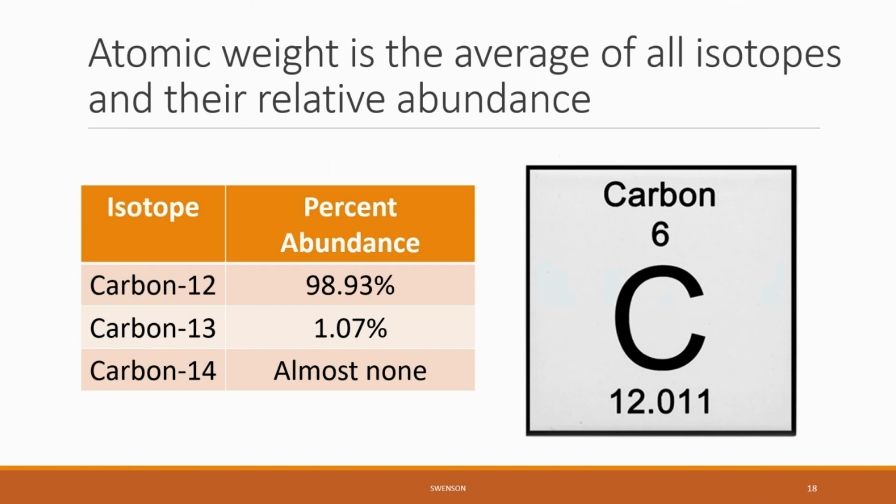This is because most of it is carbon-12, 98.93%, and carbon-13, although it weighs 13 for its atomic mass, is only 1.07%. So it only slightly raises that atomic weight. Carbon-14 does exist, but there's very little of it, and so it has a weighted effect of very little on the atomic weight.